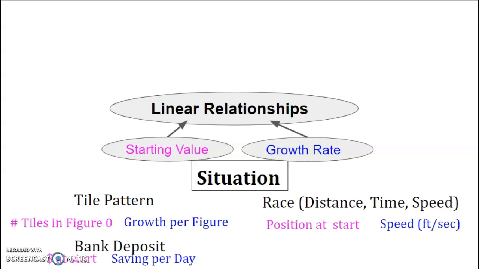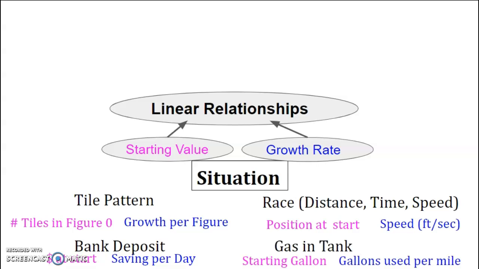And what if the situation was a bank deposit? The starting value is how much money is at the start, and the growth rate is how much you are saving per day. And finally, gas in the tank: the starting value is how many gallons you are starting with, and then how many gallons are used per mile, per distance.